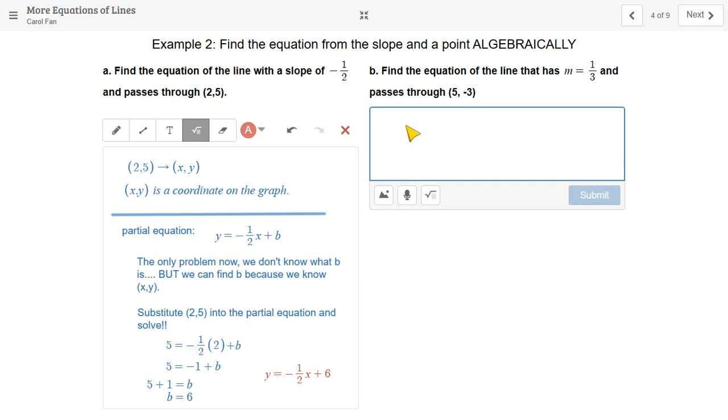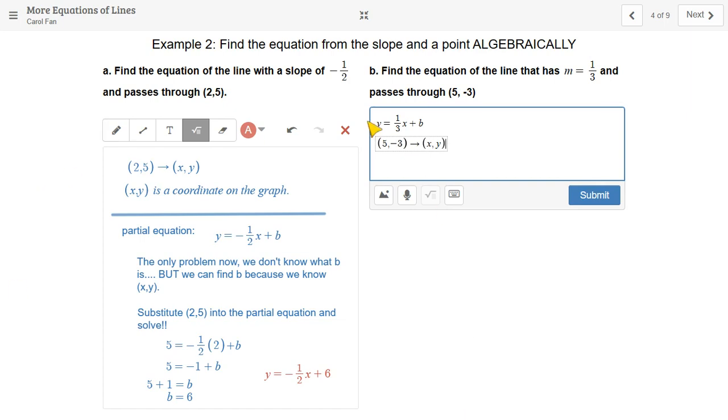I know that the partial equation, we have y is equal to 1/3 x plus b. We also know that our coordinate in our line, we have an x that's 5 and a y that's a negative 3.